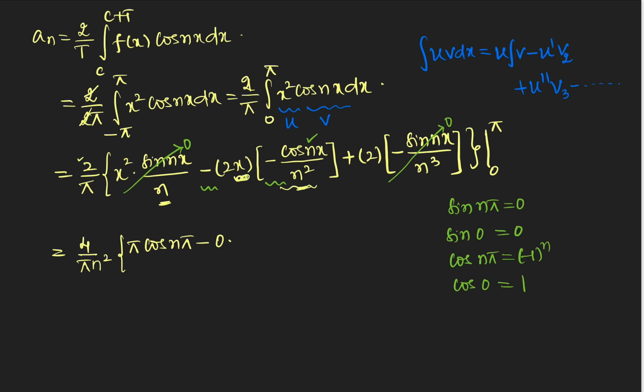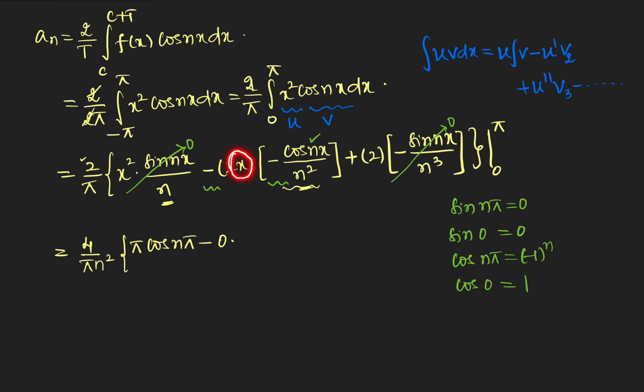Here x is there, so we replace it by the lower limit 0, and we get 0 into cos 0, which is 0 into 1, equal to 0.